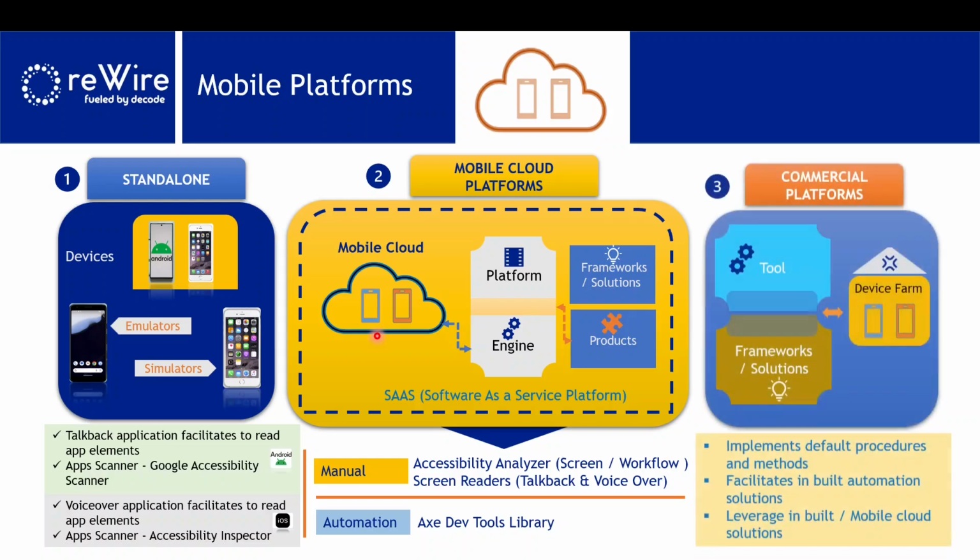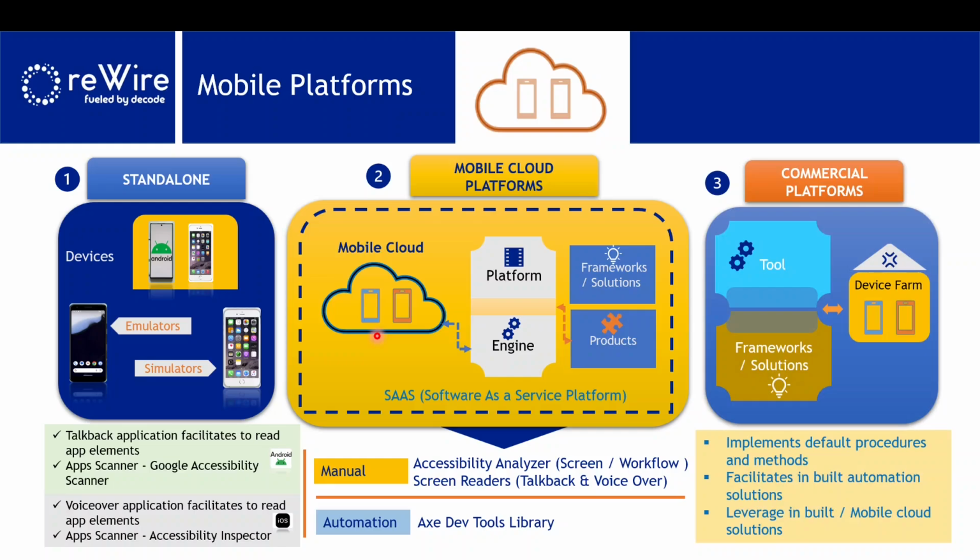The third one is, so far, we are talking about the mobile cloud solutions. Okay, there are some commercial tools, for example Testim, Tricentis Tosca, UFT or Katalon. They have their inbuilt solutions as well, but based on my analysis, they have not exposed what kind of solutions they are using for accessibility testing, but definitely they have solutions.